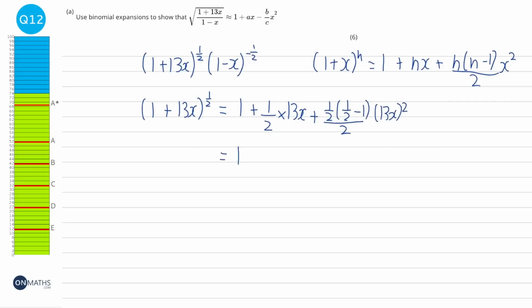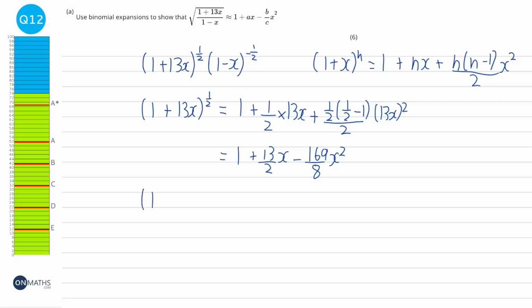Let's tidy that up, so that would be 1 plus 13 over 2x, and then it would be minus 169 over 8x squared. And the reason for that is it's 13 squared, 169, and then when you do all of this bit, it's 1 over 8, so it'll be 169 over 8.